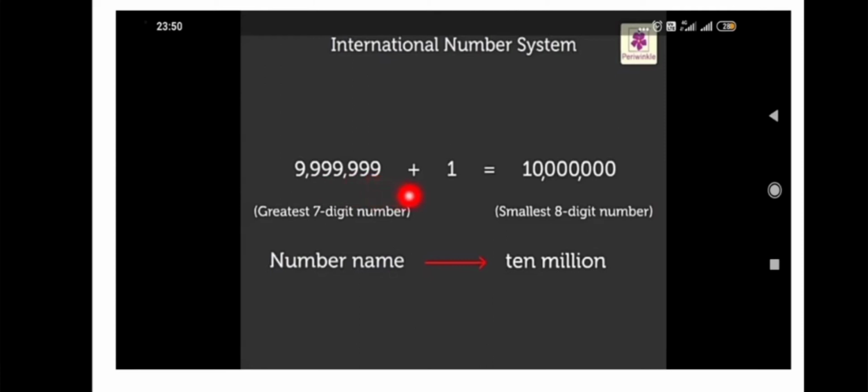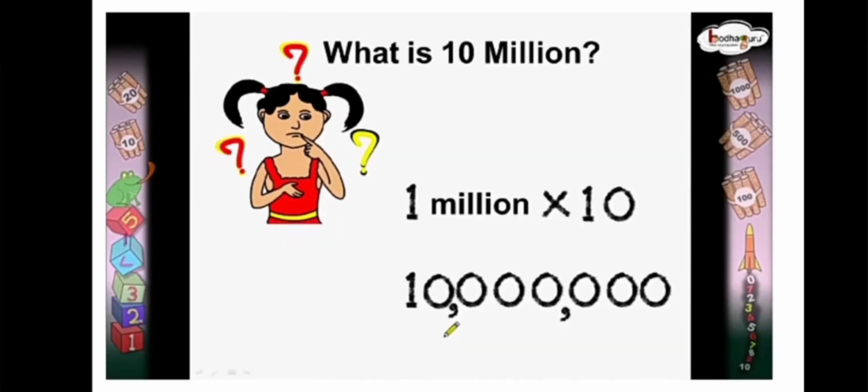Now 1 is added to it and we get the smallest 8-digit number, that is 10,000,000, and we read it as 10 million. You can also find 10 million by multiplying 10 into 1 million. So you can also say that 10 million is equal to 10 times 1 million.